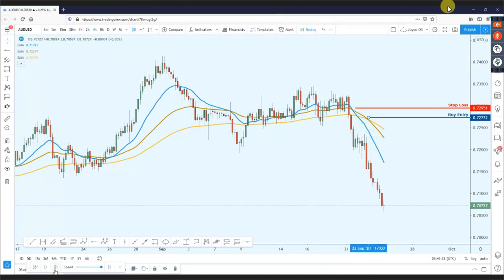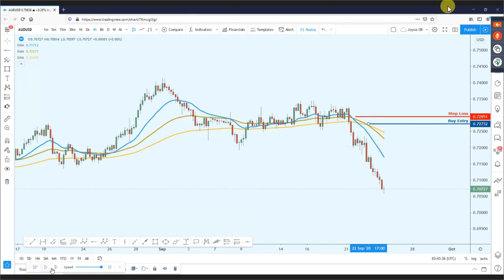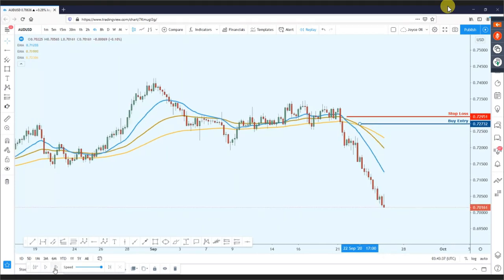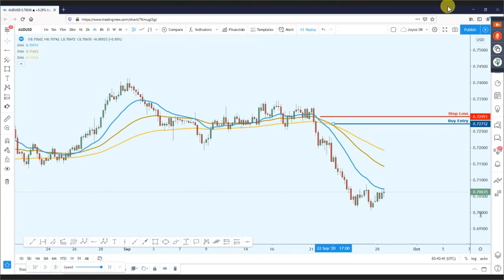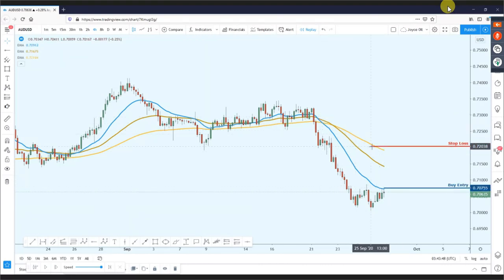We might have missed this trend because right now it's very news driven. Oh, finally it tapped on the blue river. But right now it's already very far.